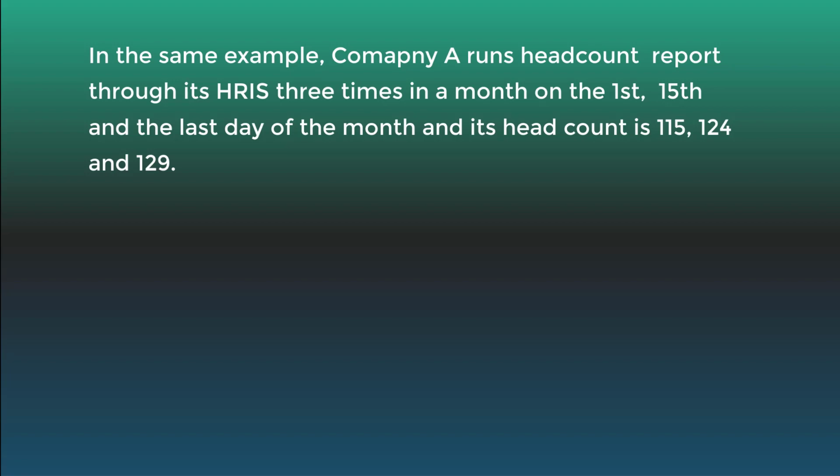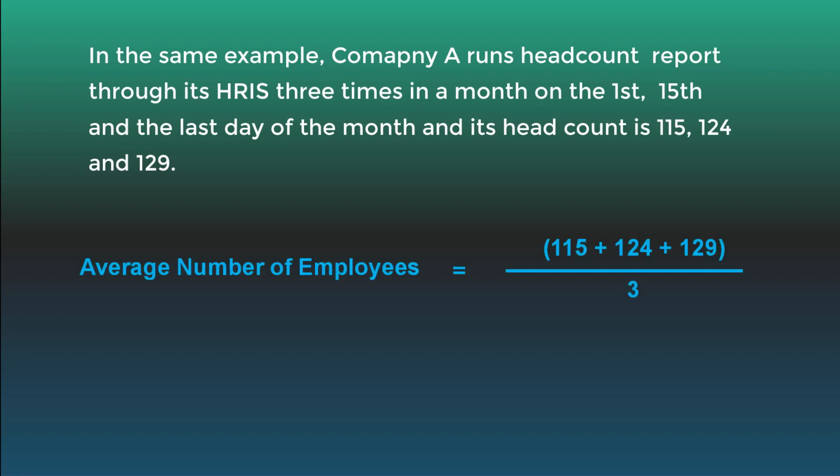Now the company's average number of employees can be obtained by aggregating the 3 headcounts divided by the number of reports generated during that period. So in this example, the company's average number of employees is 122.67.